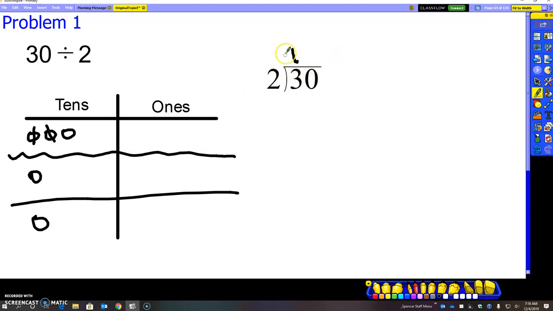My 1 is above my 3. 2 times 1 only got me 2, and then I'm left with 1 ten left over. So there's my 10 that's left over. Remember, I'm going to rename it. In this case, I can put it right here: 1, 2, 3, 4, 5, 6, 7, 8, 9, 10. So I bring down my 0. That's how my 10 is formed.